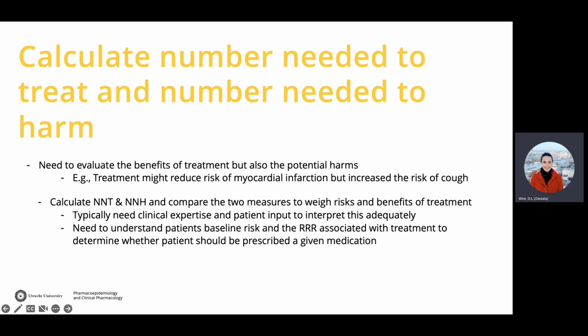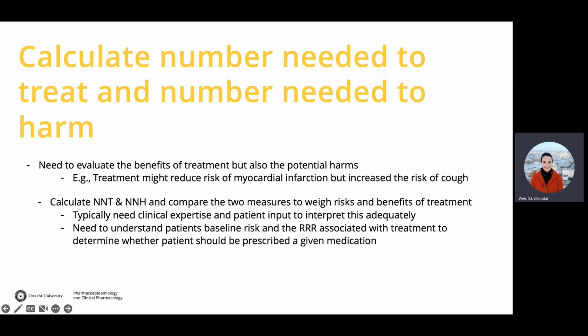In order to do this, you calculate the number needed to treat and the number needed to harm, and then you compare the two measures to weigh the risks and the benefits of treatment. Typically you need clinical expertise and patient input to be able to interpret these adequately. You also need to understand the patient's baseline risk and what the relative risk reduction is associated with the treatment in order to determine whether a patient should be prescribed a given medication.